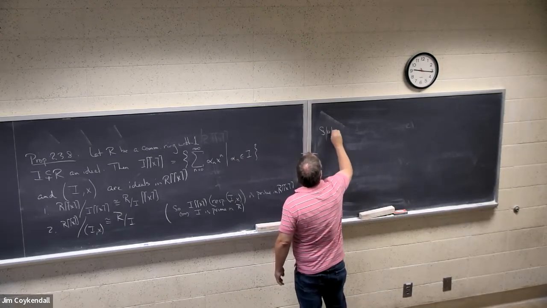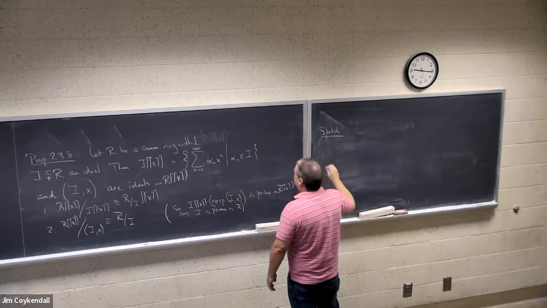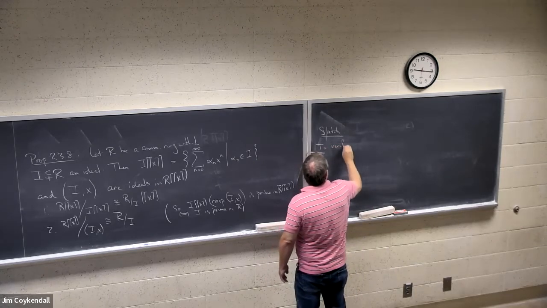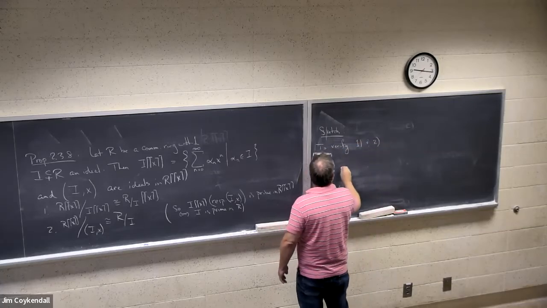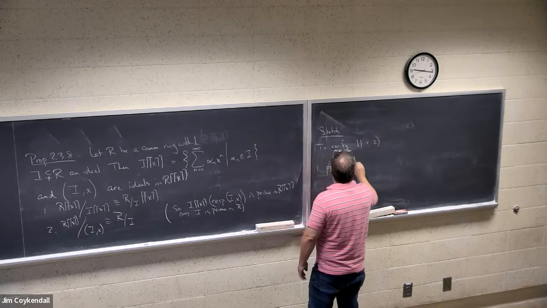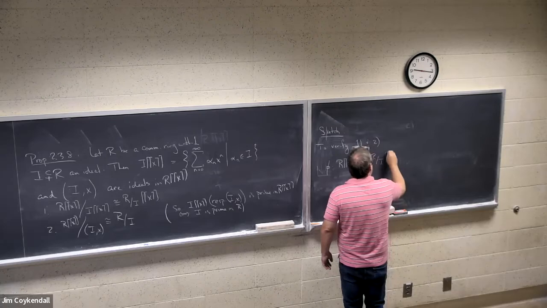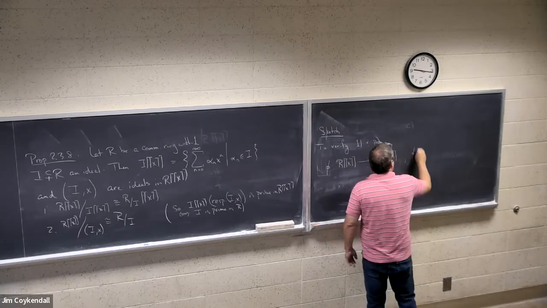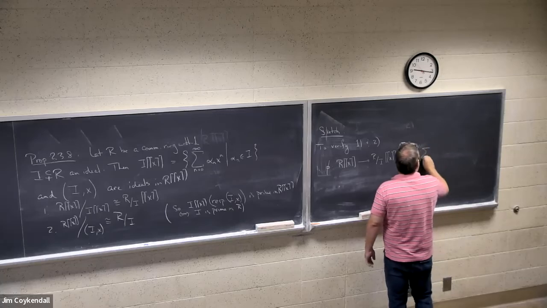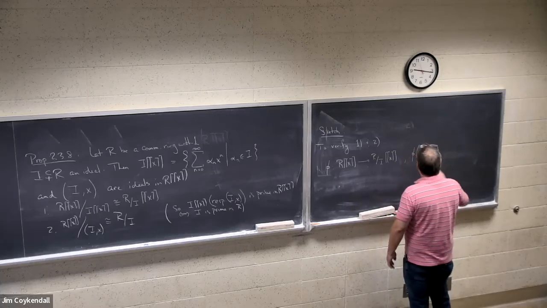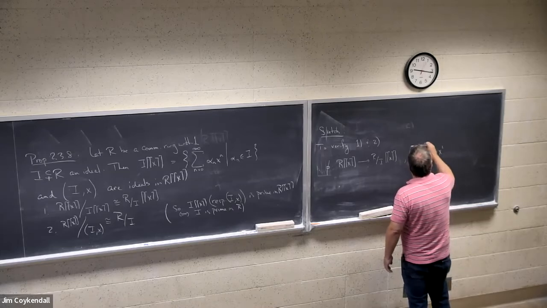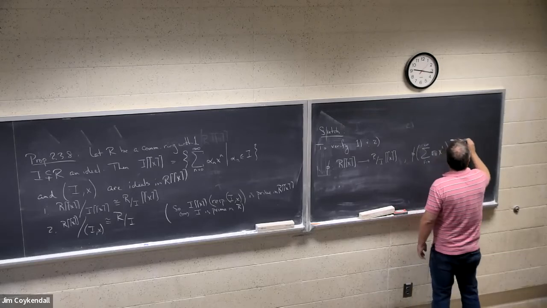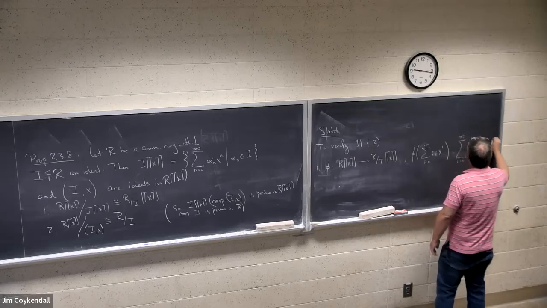So let me sketch out the proof. To verify 1 and 2, consider phi from R[[X]] to (R mod I)[[X]] given by phi of the sum of r_i x^i equals the sum of (r_i + I) x^i.